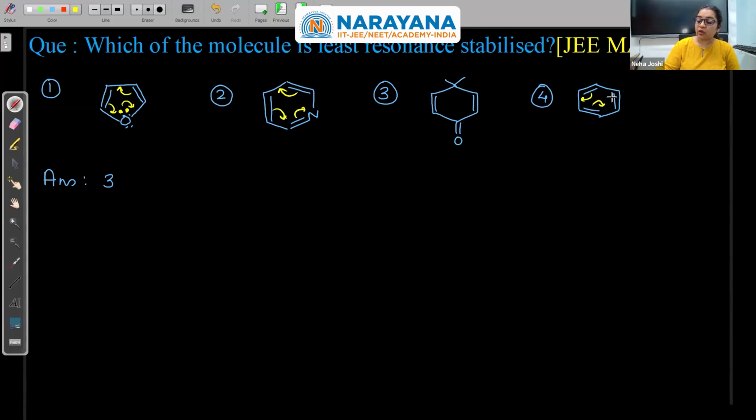This is the king of aromaticity, benzene. Only here, see, this is an sp3 carbon breaking the continuous possibility. There is a cross possibility. So the answer was 3. That 3 is the one which is least resonance stabilized, less stable than the others. 1, 2, and 4 are more stable.